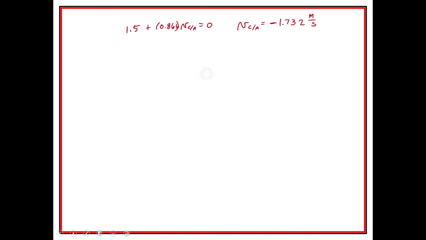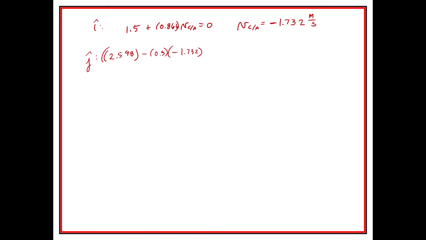But then the next thing that we can do is we equate the J's. And when we equate the J, we have 2.598. So this was the I right here, and this is the J. I guess I'll put it inside a bracket, 0.5. And now we are able to stick in the negative 1.732 into there.